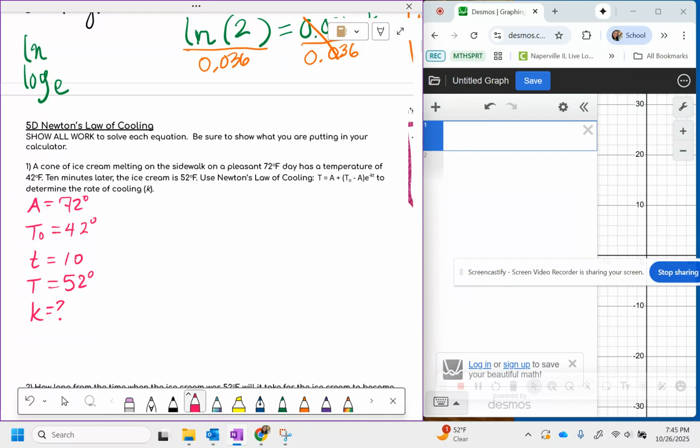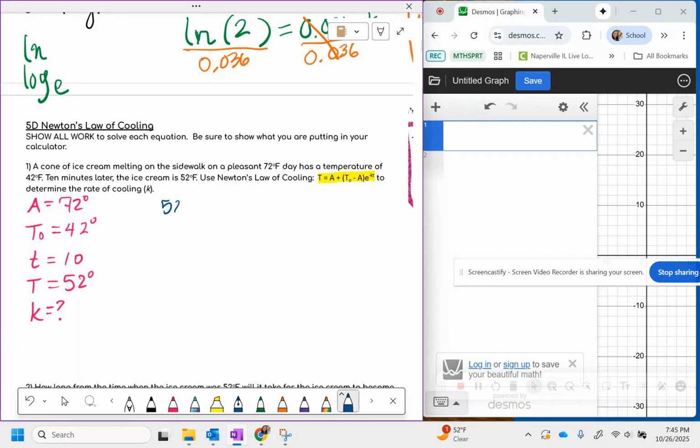So the first question is just asking you to find the k value, so you don't have to do two things. We're just doing the one thing. So I'll just fill in the pieces of this formula to solve for k. And as you can see, the k is in the exponent, so I will have to use logs.